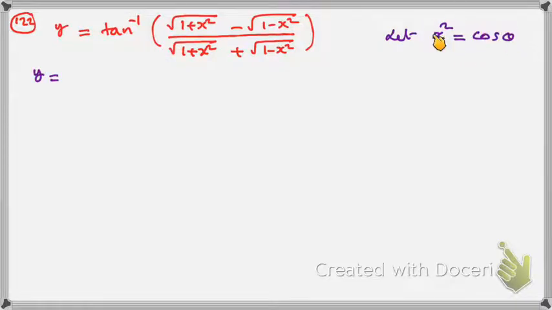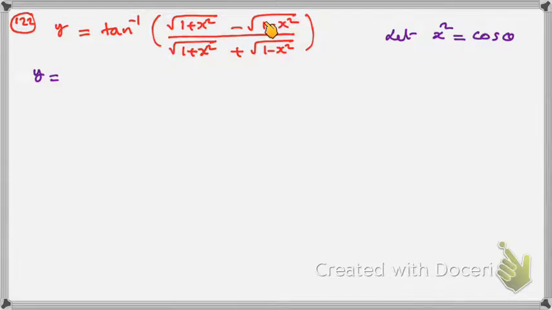Now, what's the logic in saying x square is equal to cos theta? When you learn it, you need to have the proper understanding. We say x square is equal to cos theta because if x square is replaced by cos theta, I'll get 1 plus cos theta, which has a half angle formula, 2 cos square theta by 2, and 1 minus x square becomes 1 minus cos theta.